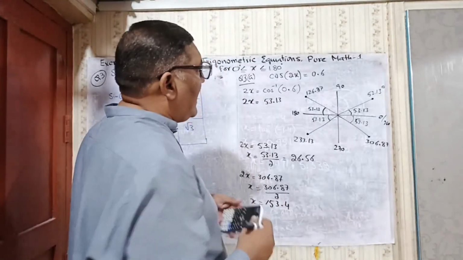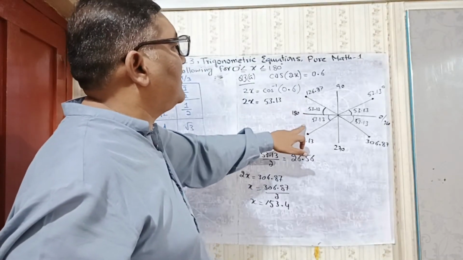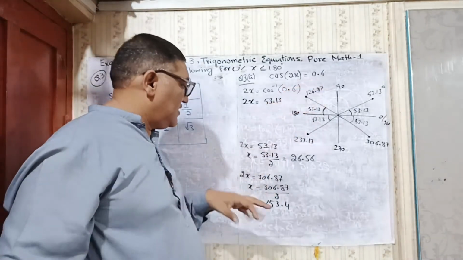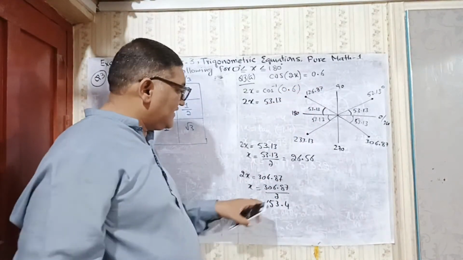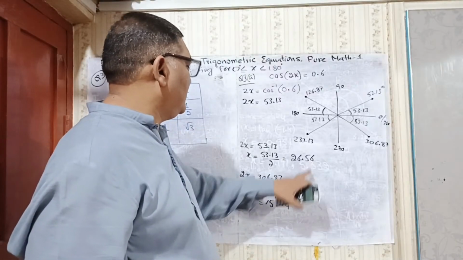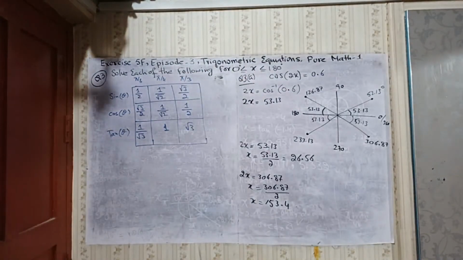I'm not taking the other values because there cos is negative. I think these are the two answers, and they are inside 0 to 180. Let me check: 26.6, yes, that's right, and the next answer is 153.4.